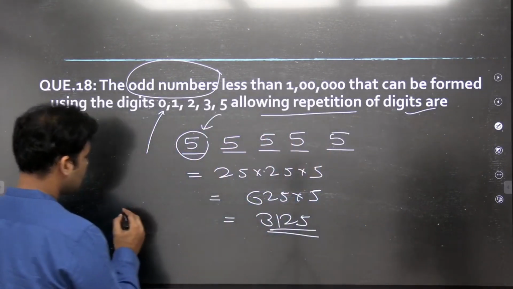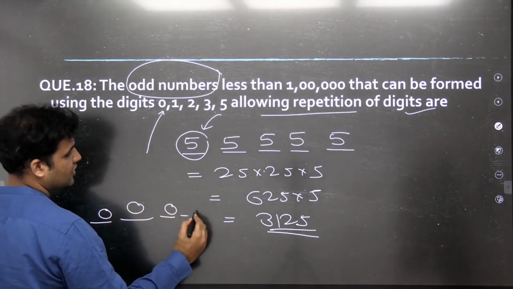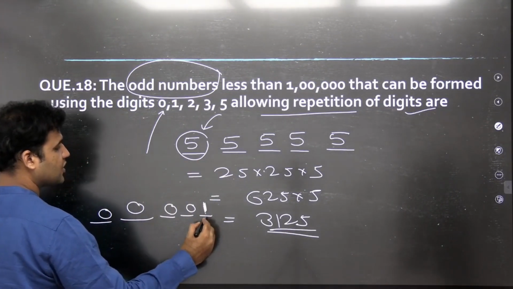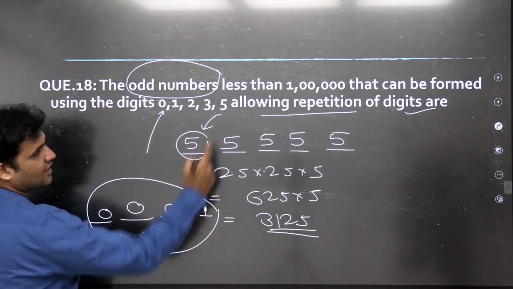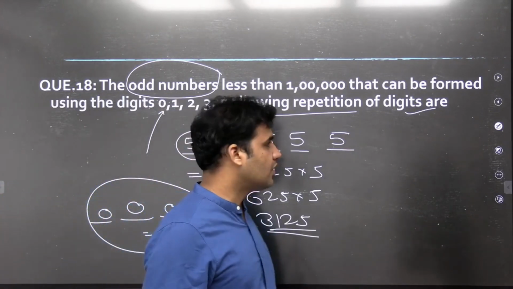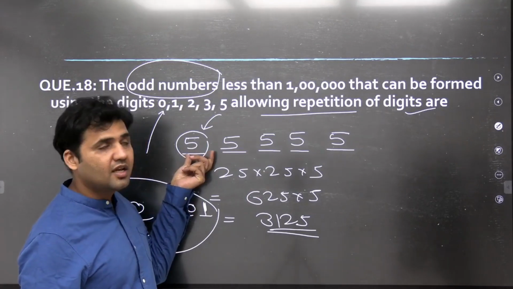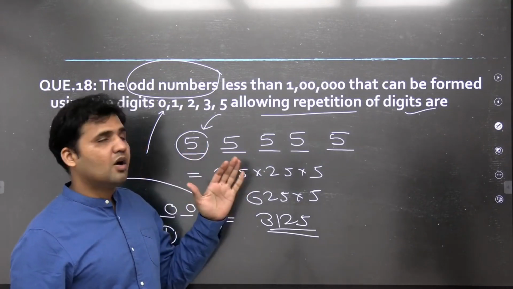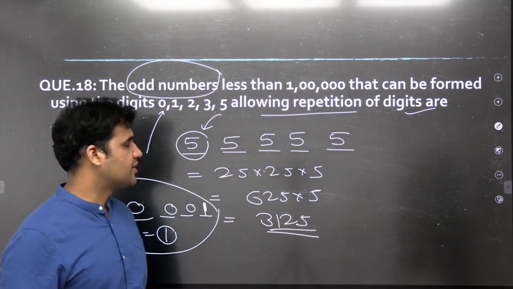So even if I am using 0 at the second position, 0 at the third position, 0 at the fourth position, and 1 at the last position, you still have a number which is equal to 1, and it is less than 1 lakh. Right? So by using 0 as one of the possible digits at this position, it will automatically cover all the 1 digit, 2 digit, 3 digit, 4 digit and 5 digit numbers, right?